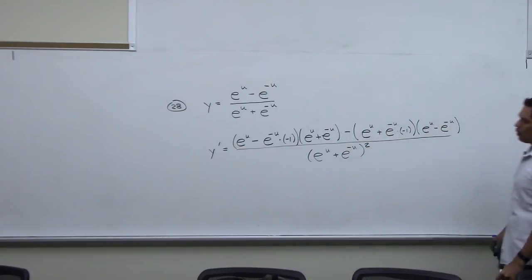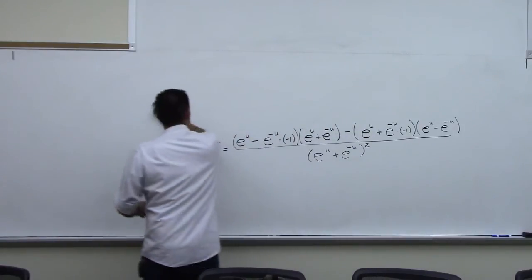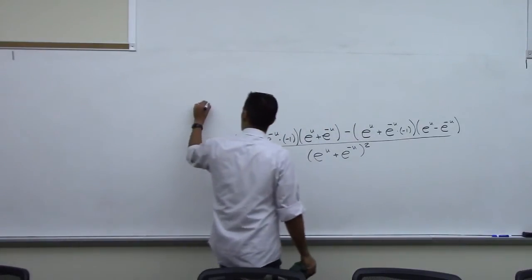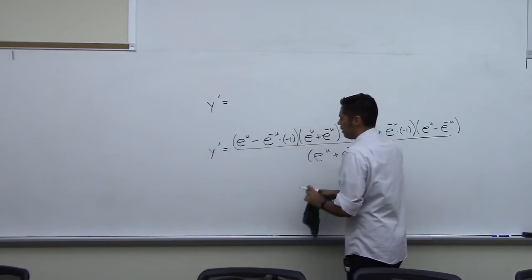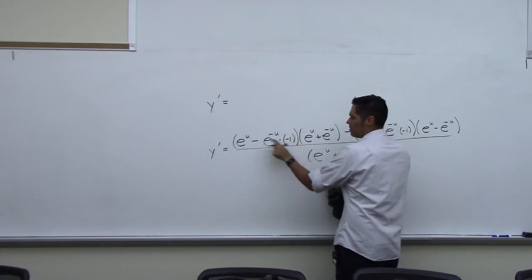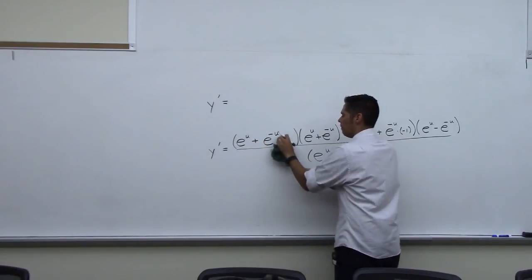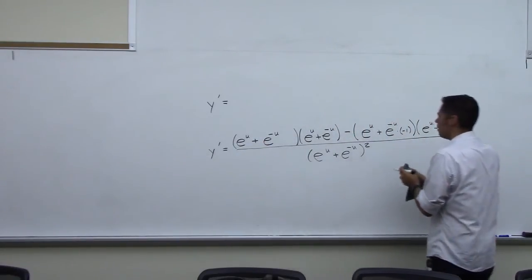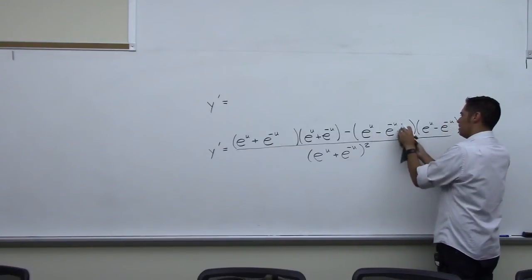Okay, that looks ugly. I'm not done. Clean up time. Equals. All right, let me just try and save myself some time. This minus minus become a plus, so that is not there. Okay, and then over here, let's see. This minus and this plus turn that into a minus, and then this isn't here.